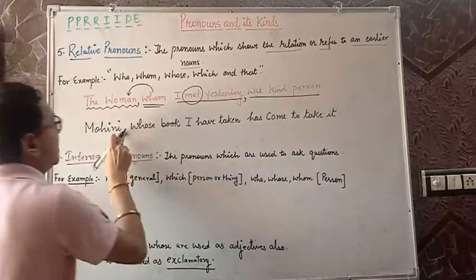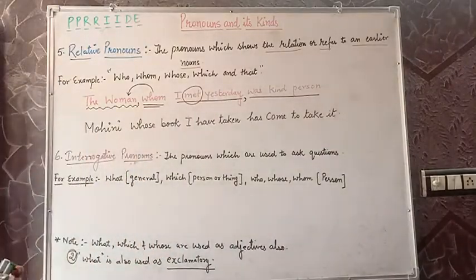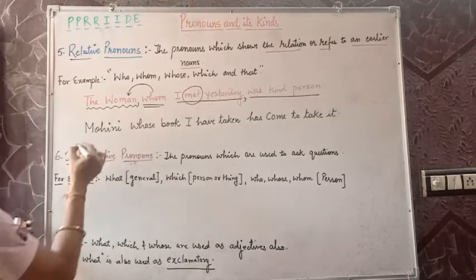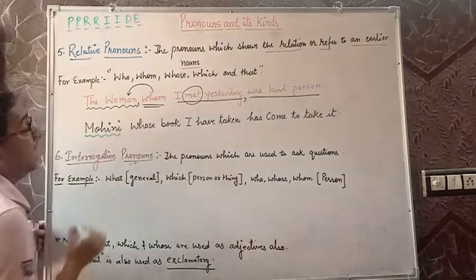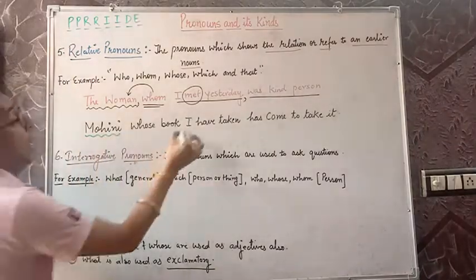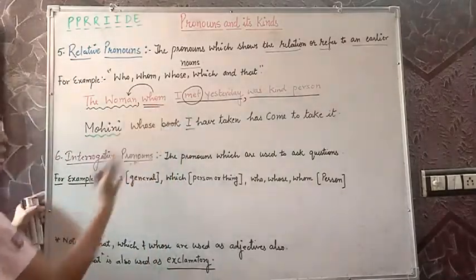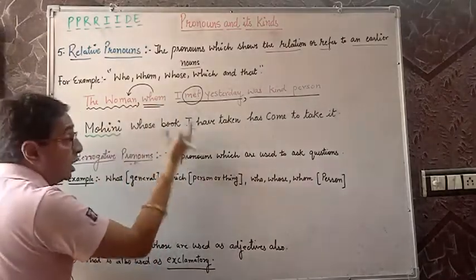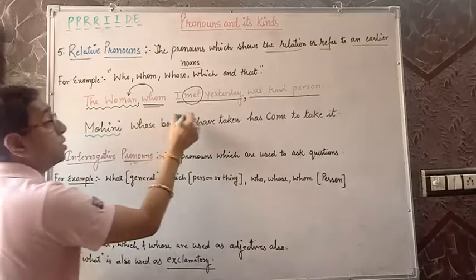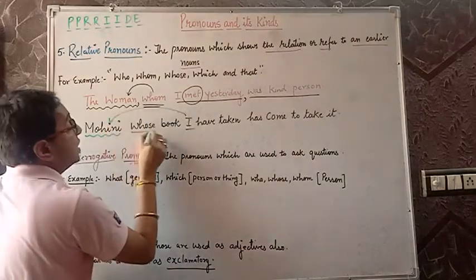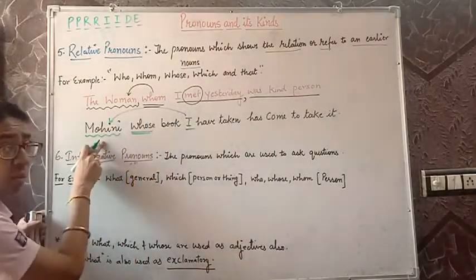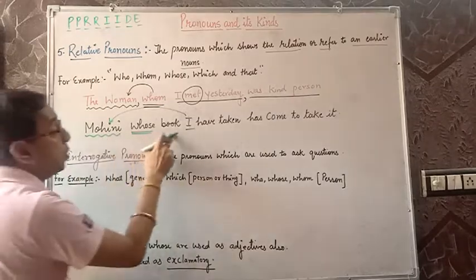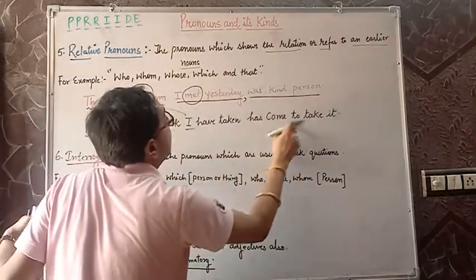Understand now? For timing I am not putting the comma. I am introducing again a character, Mohini, and how Mohini is related to I, how they are in relation, that I took the book of somebody. Who is that somebody? Whose book have I taken? I have taken Mohini's book. So Mohini, whose book I have taken, has come to take it.